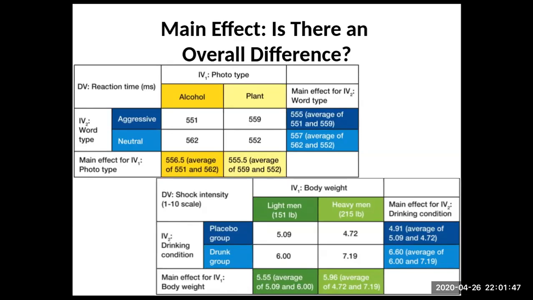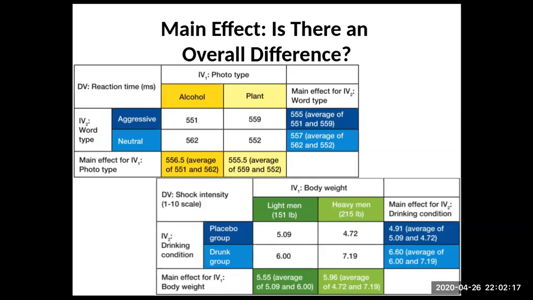Pause this and add 551 and 562, which will get you about 1113. And if you divide that by 2, you'll get 556 and a half. For plant, we see 559 and 552, which gives you about 1111. And if you divide that by 2, 555 and a half.